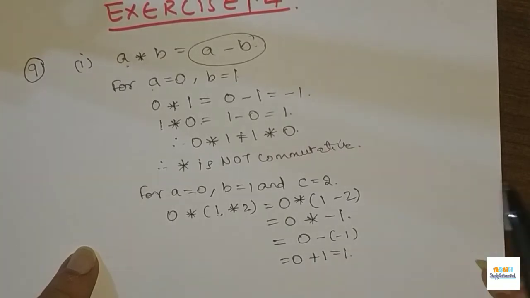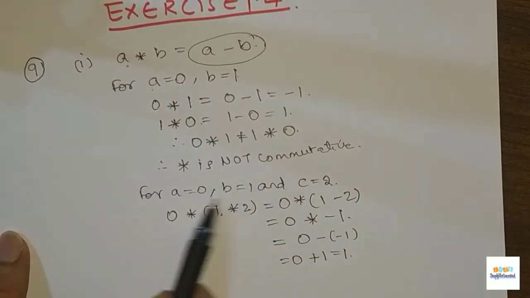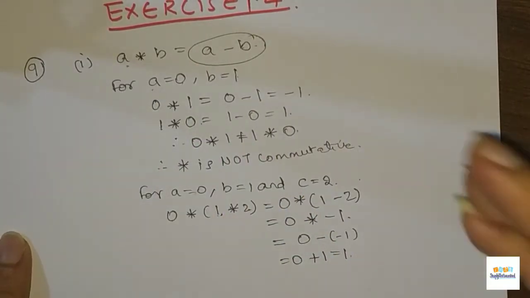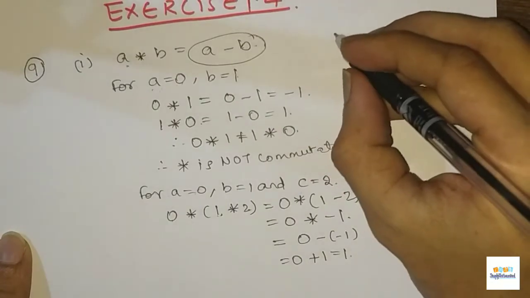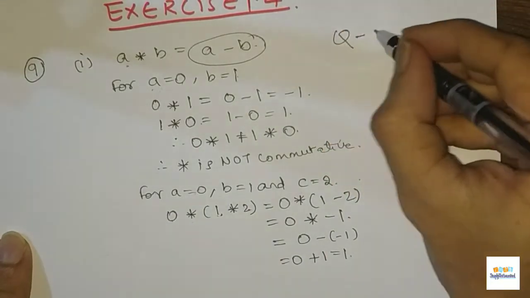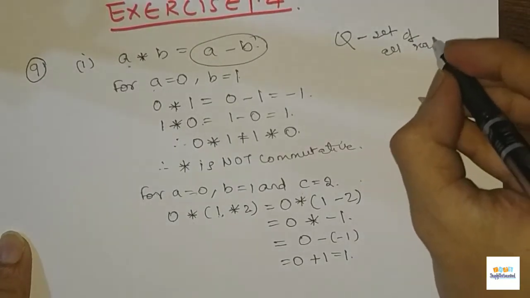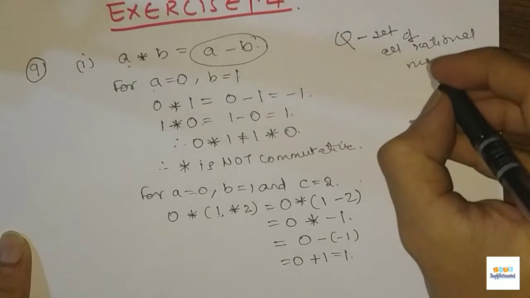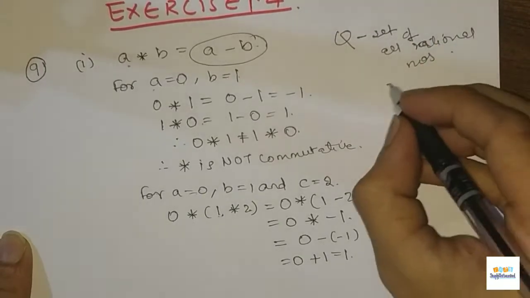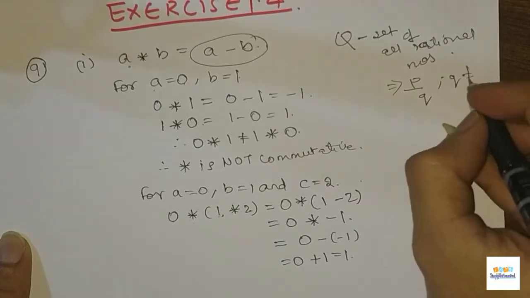And now the numbers we are taking are 0, 1, 2. These are rational numbers. See, these binary operations which are given are defined on the set Q, that is, the set of all rational numbers. So the numbers of which type? p by q, where q is not equal to 0.